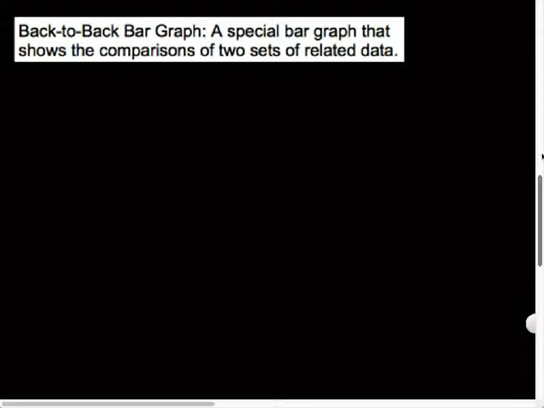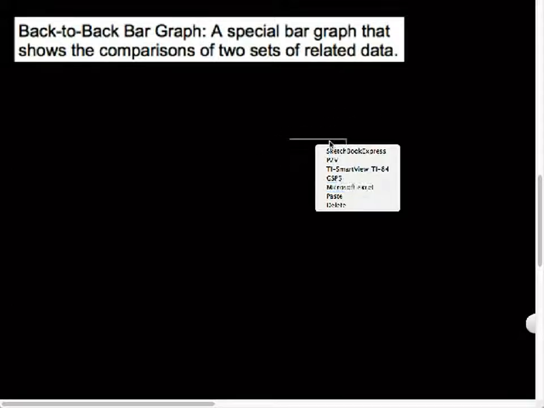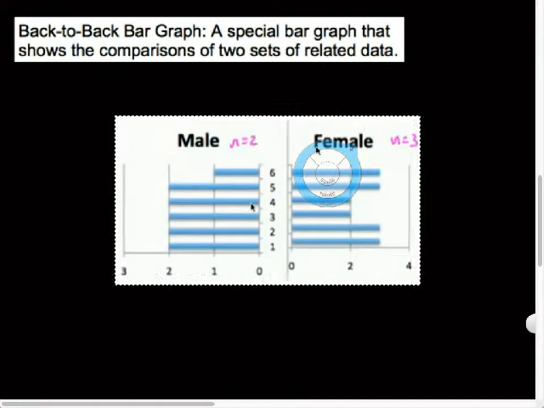Okay, the next idea is a back-to-back bar graph. A back-to-back bar graph shows two sets of data measuring the same information. Excel doesn't have a cool way to do it, but I threw together a fake one. I just put two tables back to back.